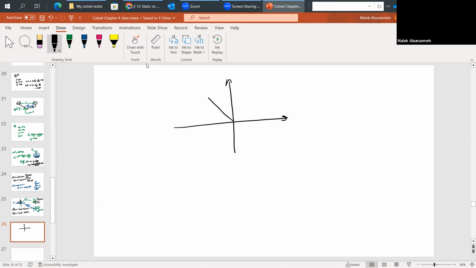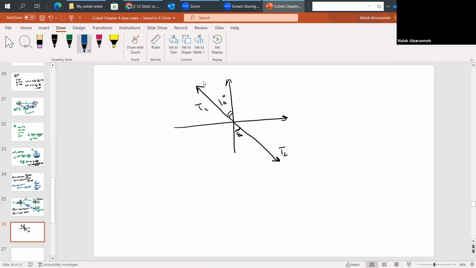You've got T1 at 10 degrees, T2, and this is making 80 degrees.